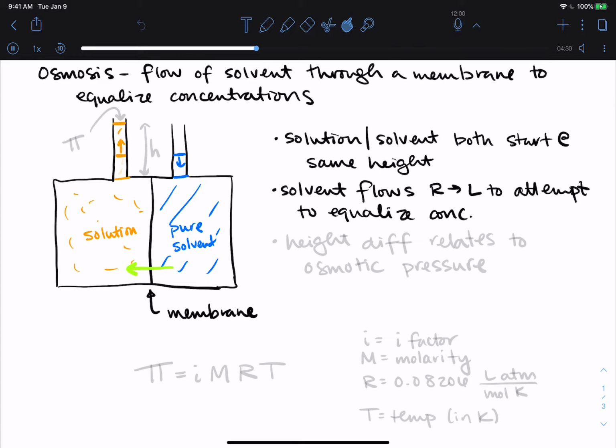So in the end, we would have some height difference that we could look at, right? This h. So this height difference relates to osmotic pressure.